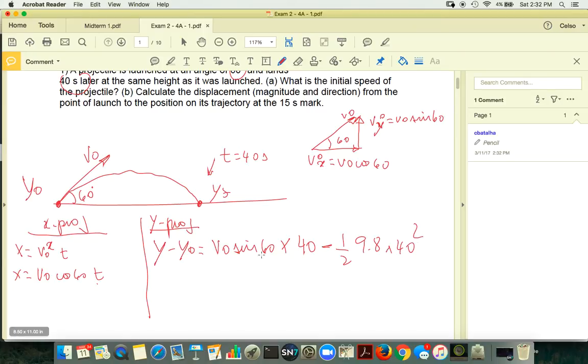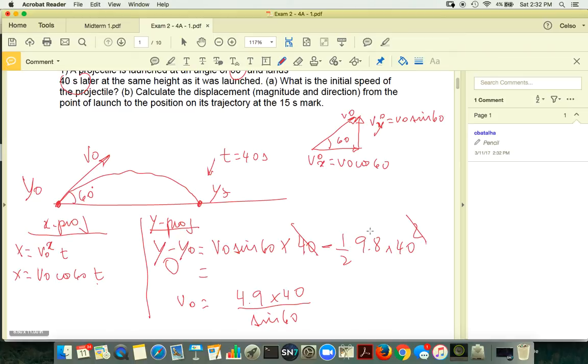So this is 0. This is 0. And that allows you to cut some of your extra time, because the first time this projectile was at that level is 0. So you can eliminate that solution, and then you find your V naught as 4.9 times 40 divided by sine of 60, something like that. So then you have your initial velocity.